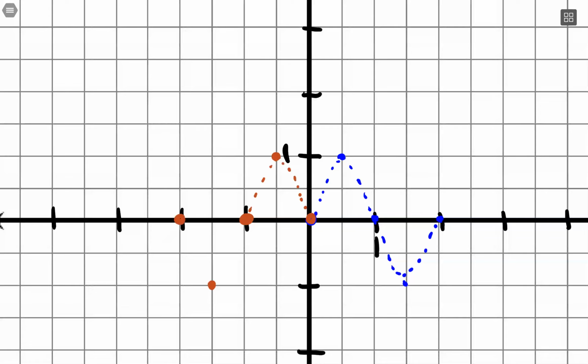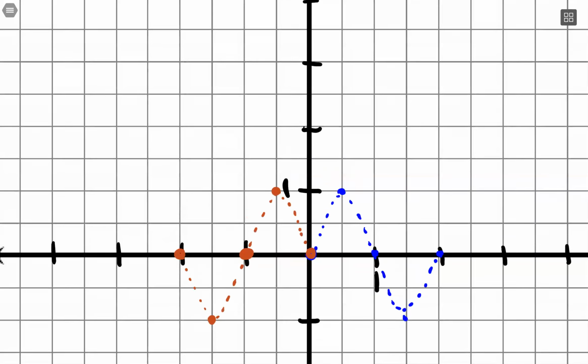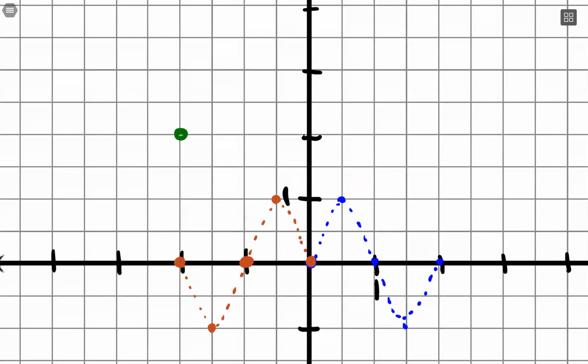So one step of it is getting the reflection across the y-axis, and then our last piece is to move up 2, and go 1, 2, 1, 2, sorry, lost count, 1, 2, 1, 2, 1, 2, and that'll be our final function right there.